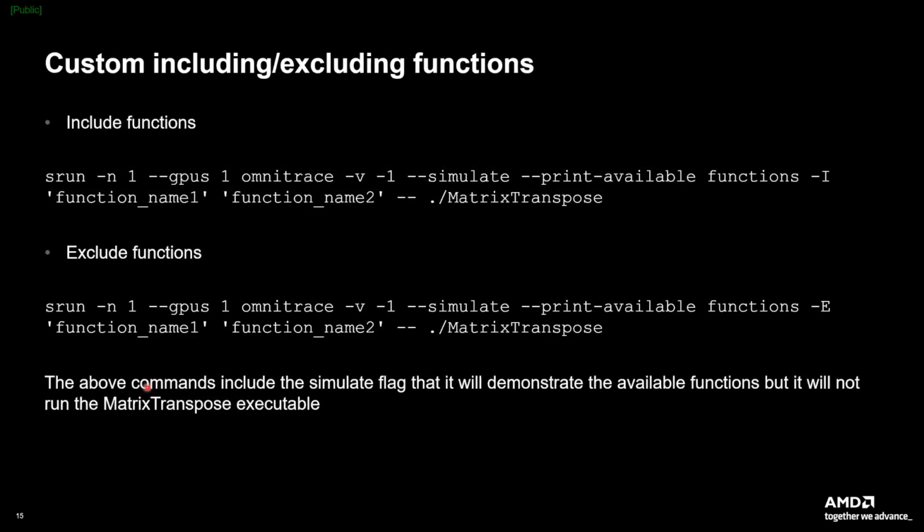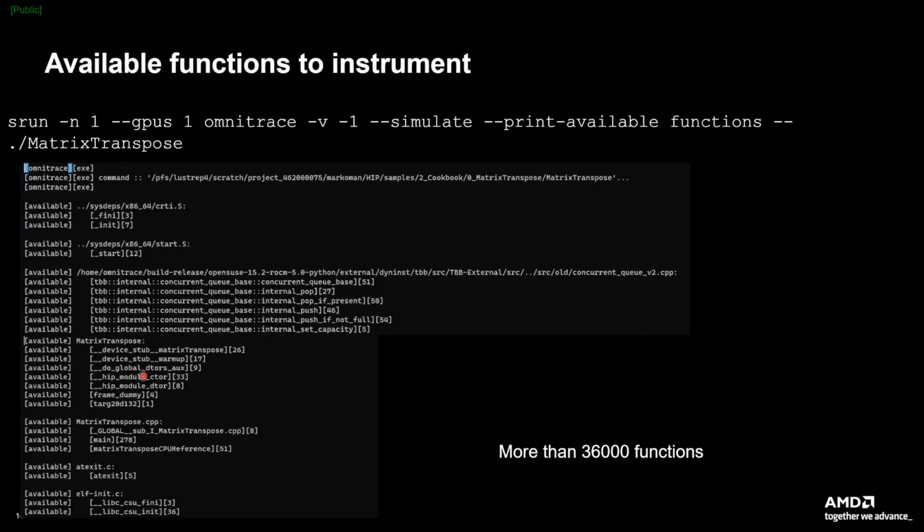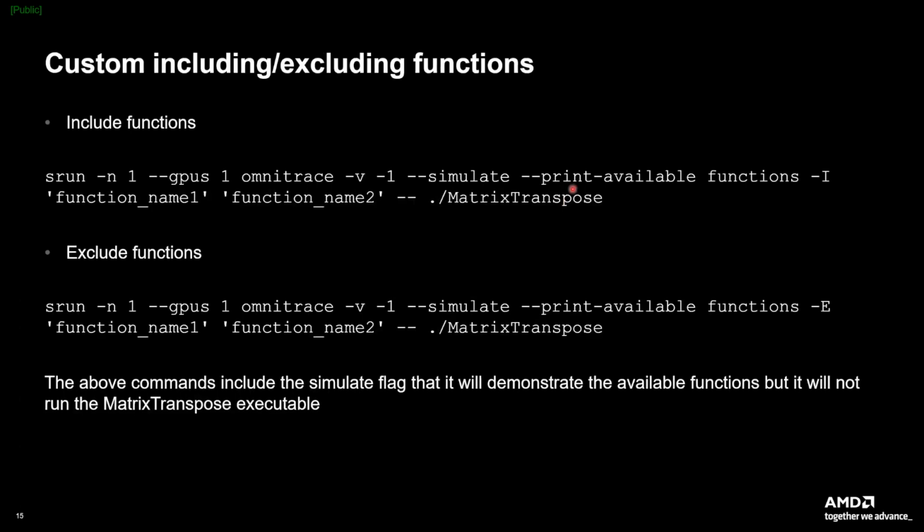So if you want to include functions, so if something is not included because omnitrace, I will say later, takes a minimum specific number of instructions per function to instrument, you can say -I function name 1, function name 2 to include them for sure in the instrumentation.